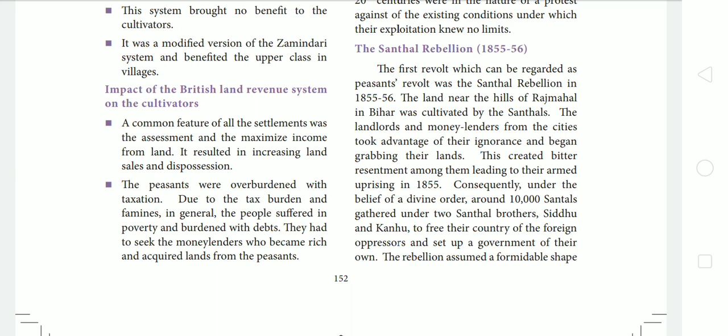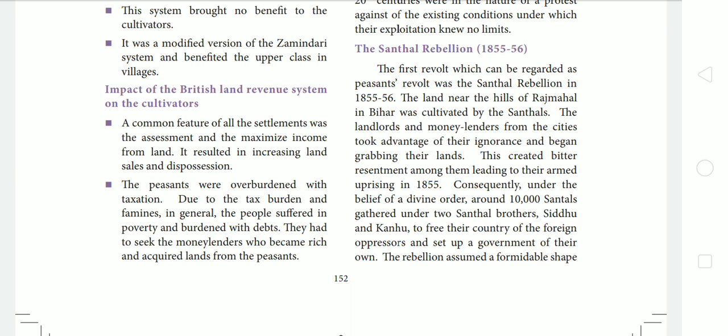By using their ignorance, the landlords and moneylenders used to grab their lands, that is, they used to seize the lands of the peasants. This created a bitter resentment among them, leading to their armed uprising in 1855. Bitter resentment means bitter indignation at being treated unfairly.